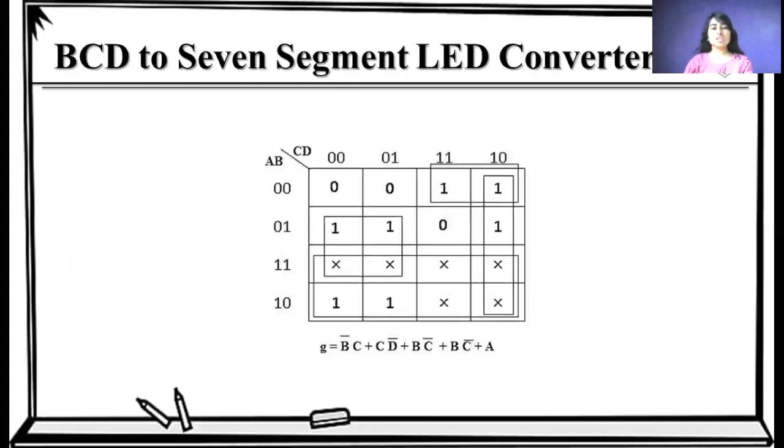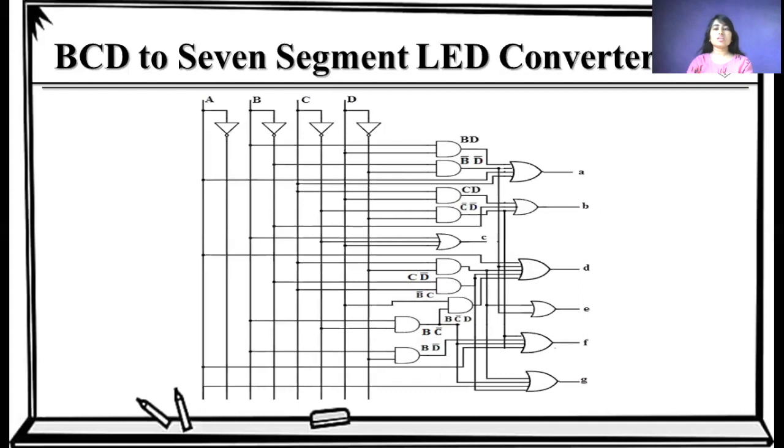Then for G, we have the equation B'C plus CD' plus BC' plus A. So this is how we calculate the equations, and here we implement these equations for A, B, C, D, E, F, G. So this is how we can convert this 4-bit BCD A, B, C, D into a 7 segment LED display.